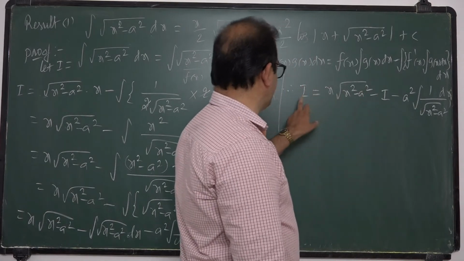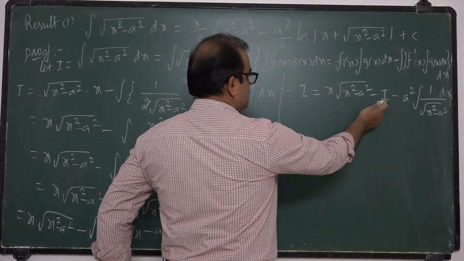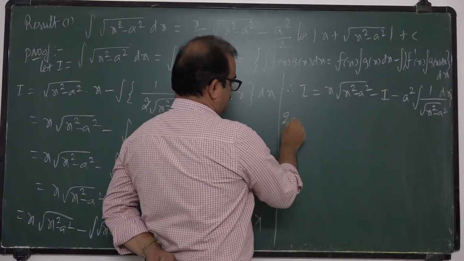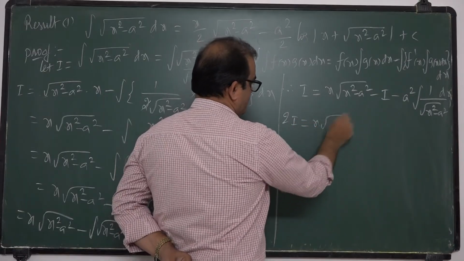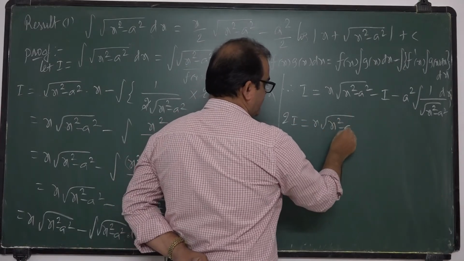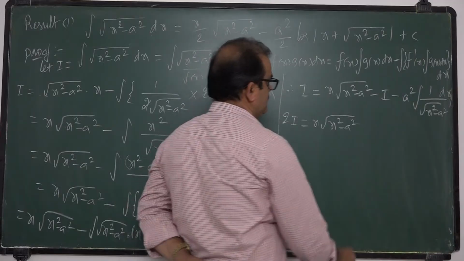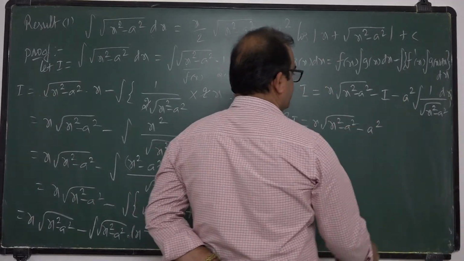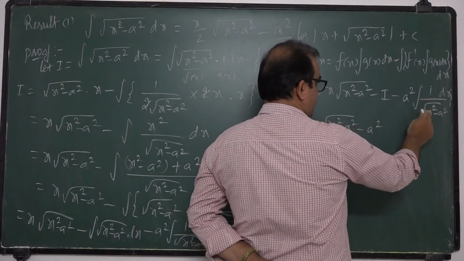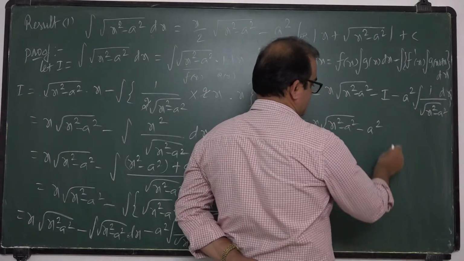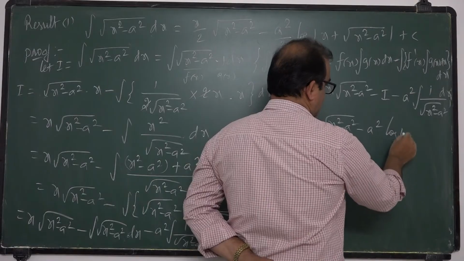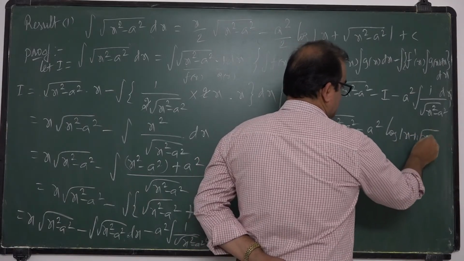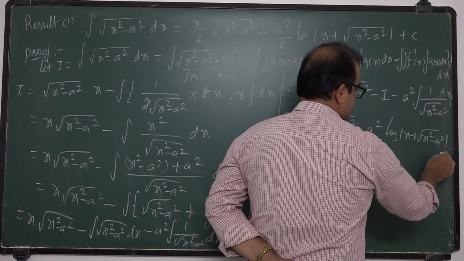Take this minus I to the left hand side. I plus I, 2I, is equal to x into root of x square minus a square minus a square into integral of 1 by root of x square minus a square, that is log mod x plus root of x square minus a square.